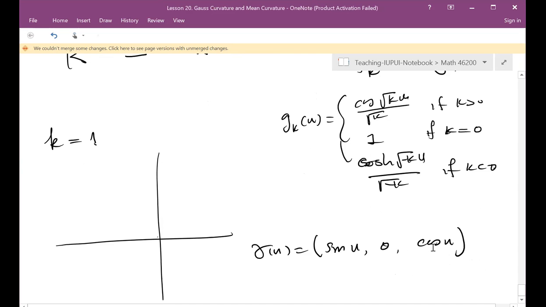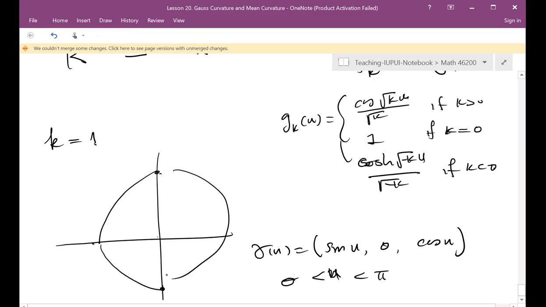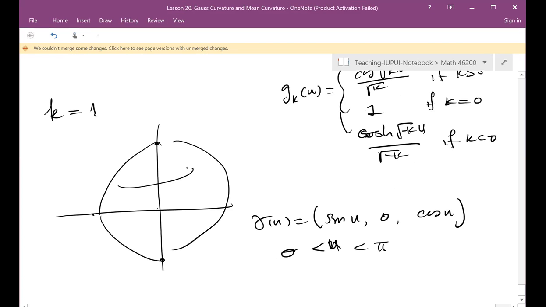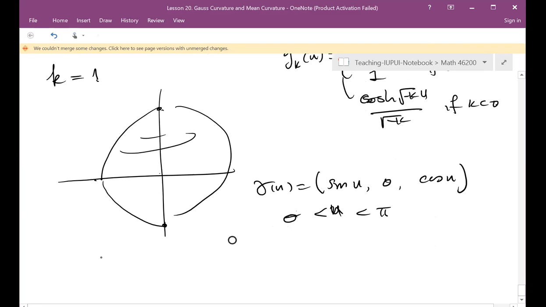So when u is 0, that is the point here. When u is pi over 2, this is a point here. When u is pi, this goes here. So u is between 0 and pi. And what do you get? The surface of revolution is a sphere. In this case, the Gauss curvature is 1.